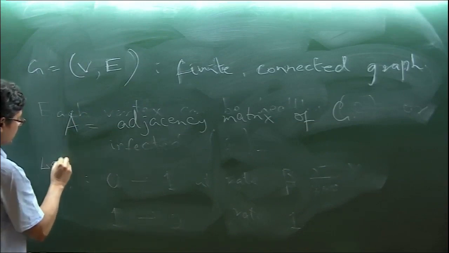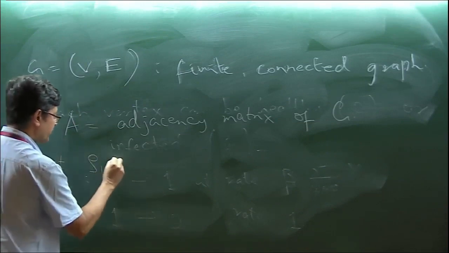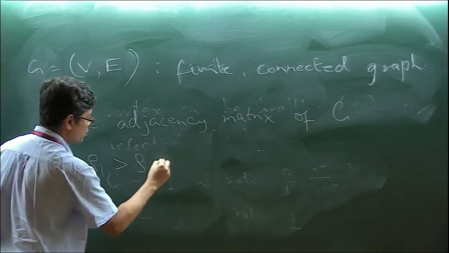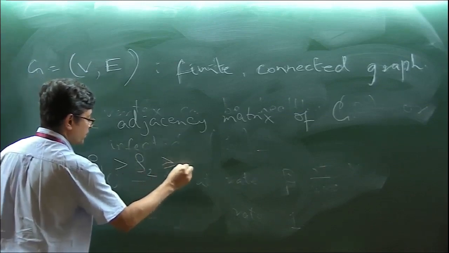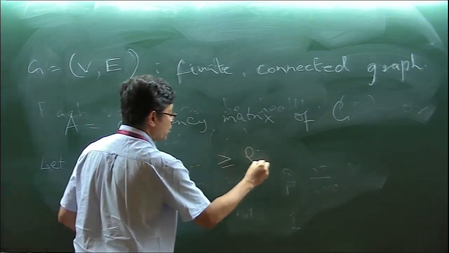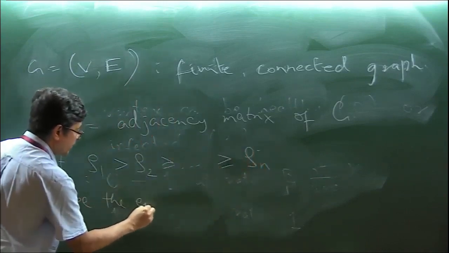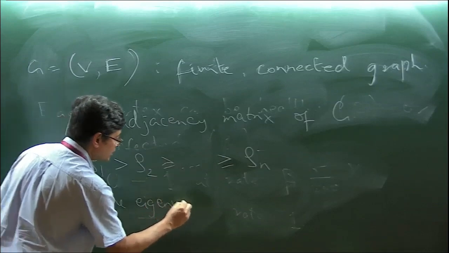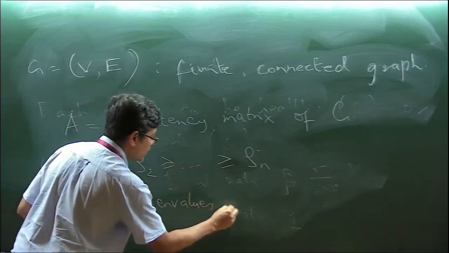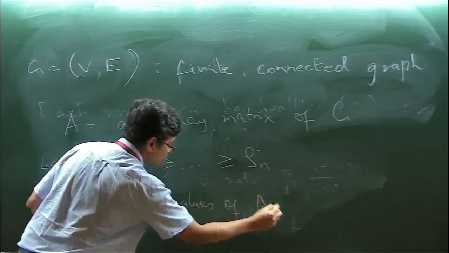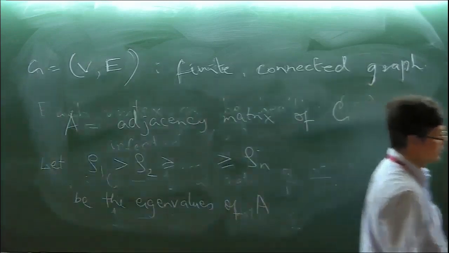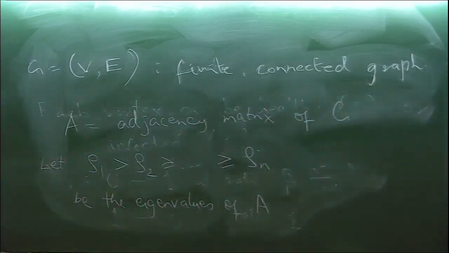Let rho 1 bigger than rho 2 bigger or equal to rho n be the eigenvalues of A. Okay, so what can we say about the epidemic lifetime in terms of these eigenvalues?